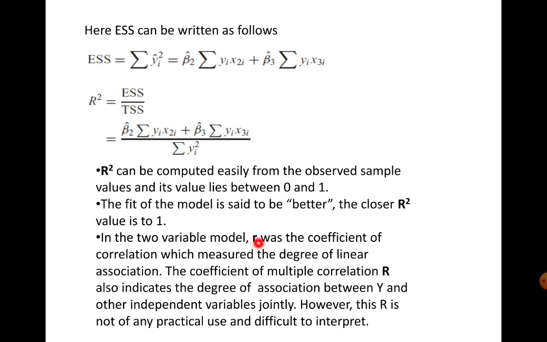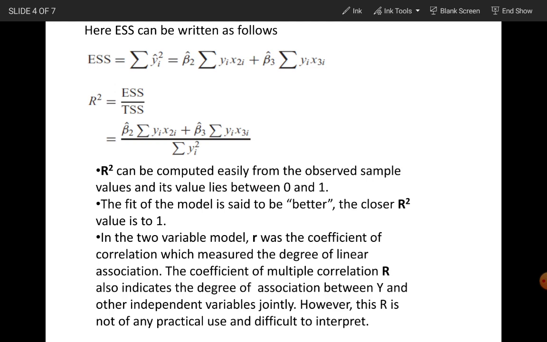Now, when it comes to the multivariable case, the square root of capital R square is capital R. It's called the coefficient of multiple correlation. This is the name, coefficient of multiple correlation. However, its interpretation is a little bit complicated.